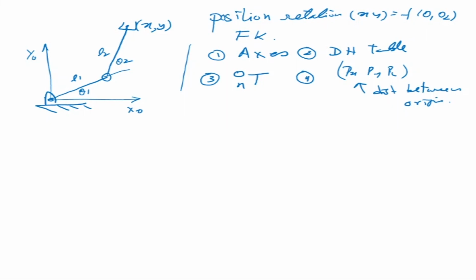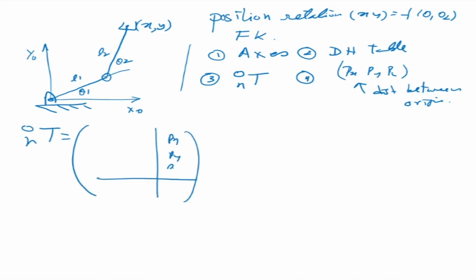What I mean is you get your final matrix T0 to n, and that gives you your px, py, pz here. This will be 0, 0, 0, this will be 1, and this will become cos 12, minus sine 12, 0, 0, sine 12, cos 12, 0, 0. Now this is the one that is going to give me the position relationship.